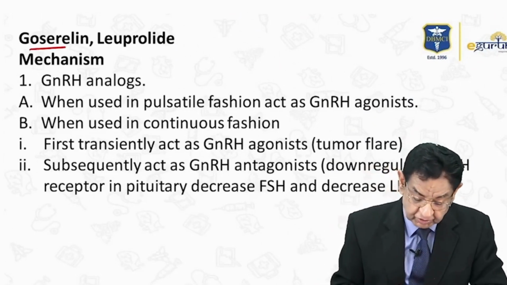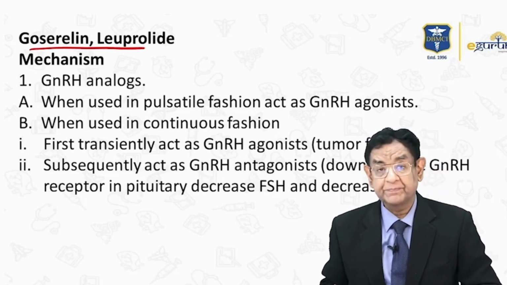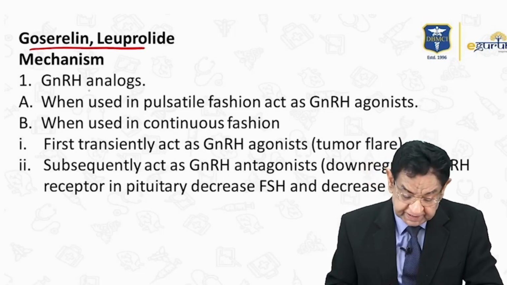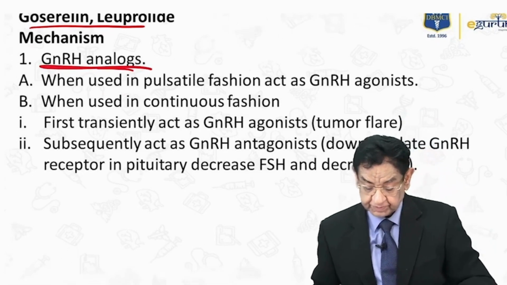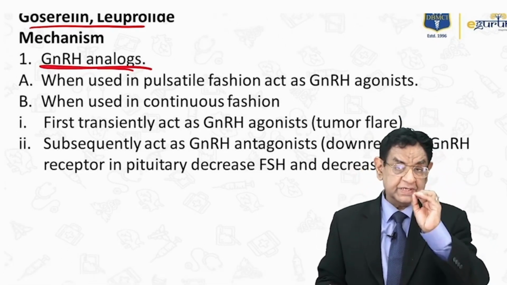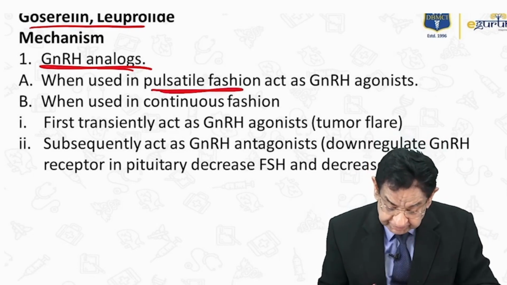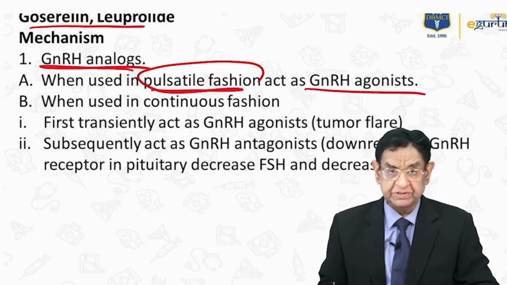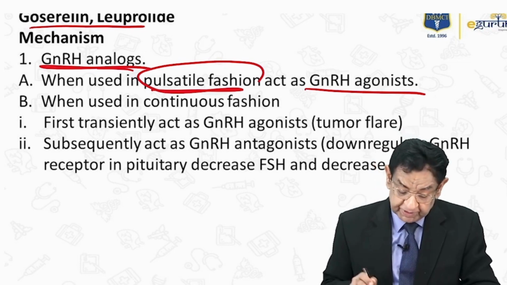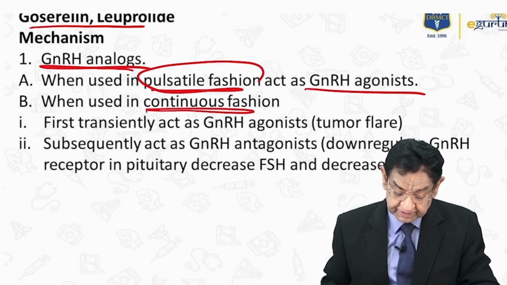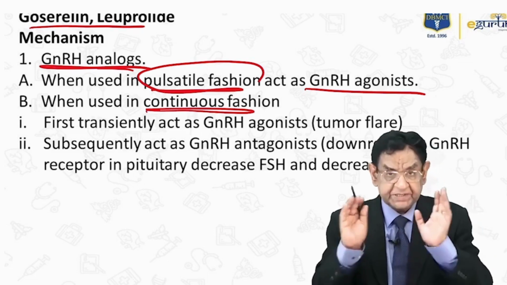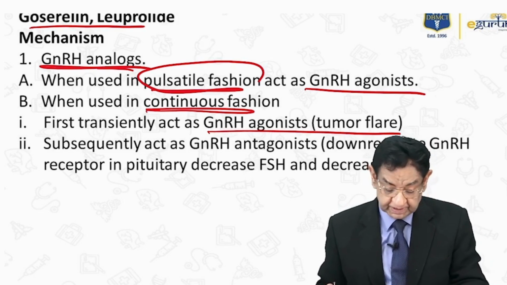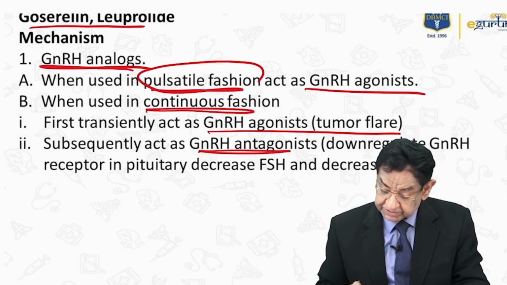The first are goserelin and leuprolide. What is the mechanism of action? They are GnRH analogs. When we use them in a pulsatile fashion, point to be noted, they act as a GnRH agonist. But when we use them in a continuous fashion, initially they act as an agonist, but later on they become antagonists.